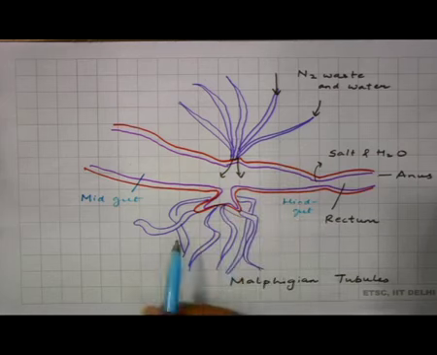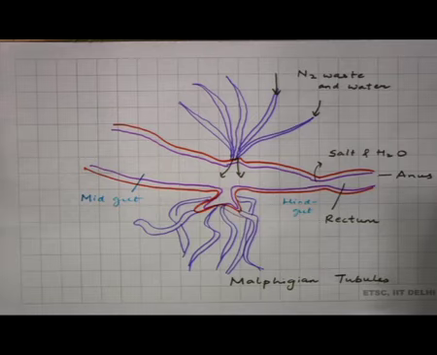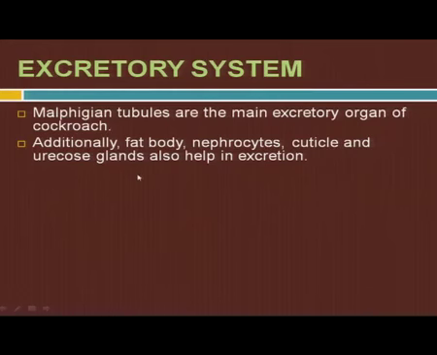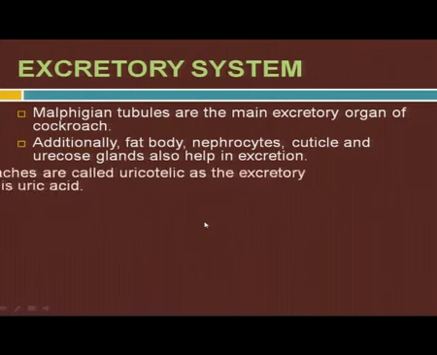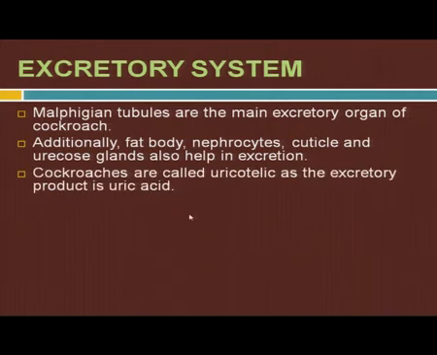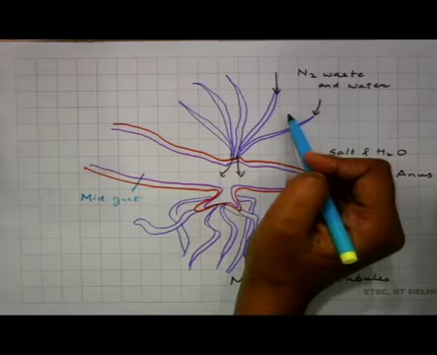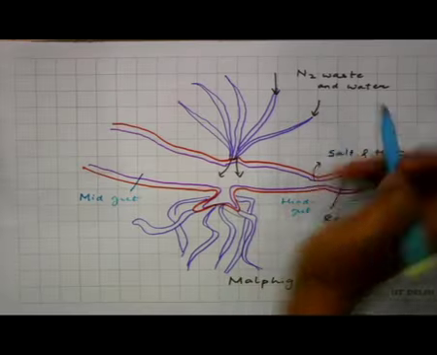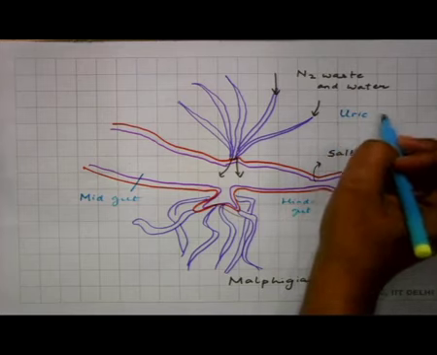Additionally, apart from the Malpighian tubules, there are fat bodies, nephrocytes, cuticle and uricose glands which also help in excretion in the body of cockroaches. Cockroaches are called uricotelic, I told you, because the nitrogenous waste is converted into uric acid.